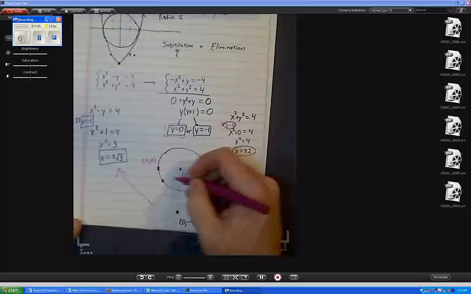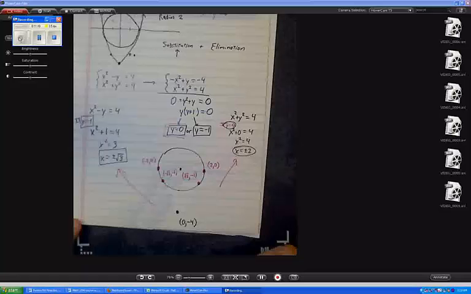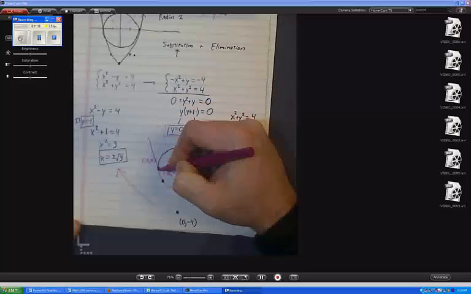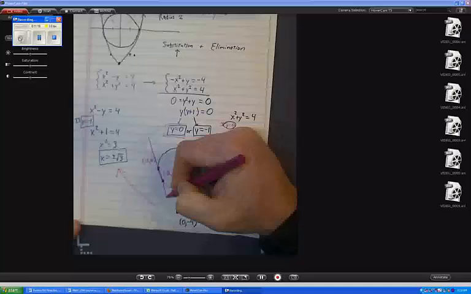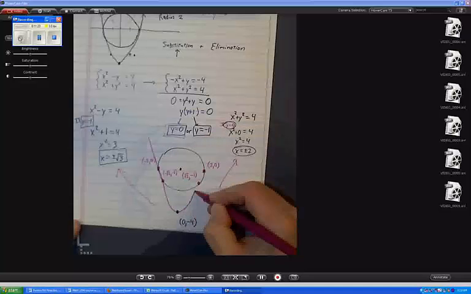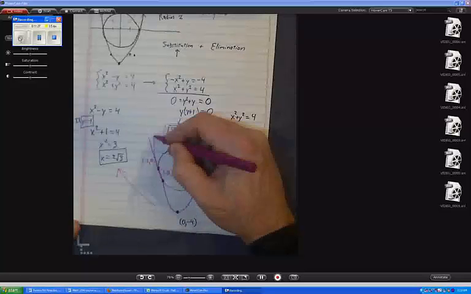And this one is going to be negative square root of 3, comma, negative 1. Does this make sense to people? And so you can see now that the parabola does intersect the circle in how many places? 4 places. And then it kind of curves up after that.